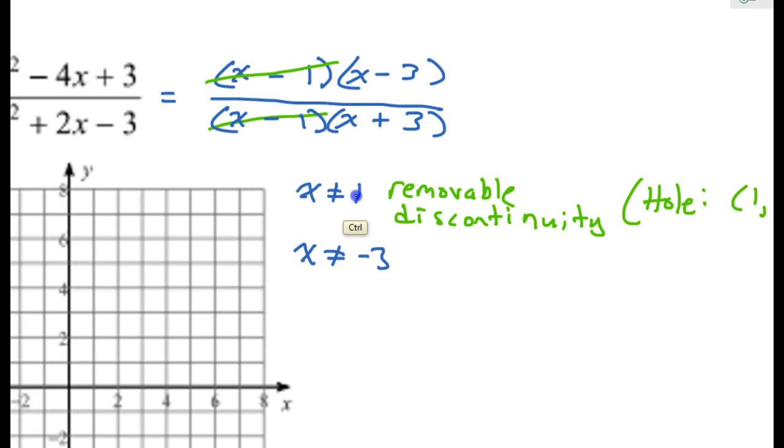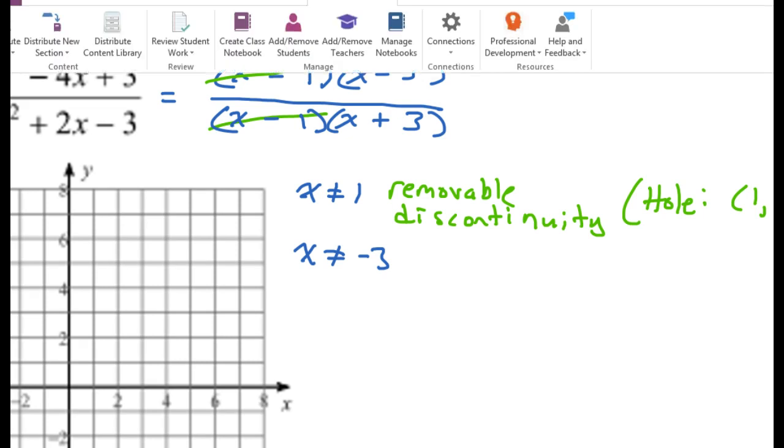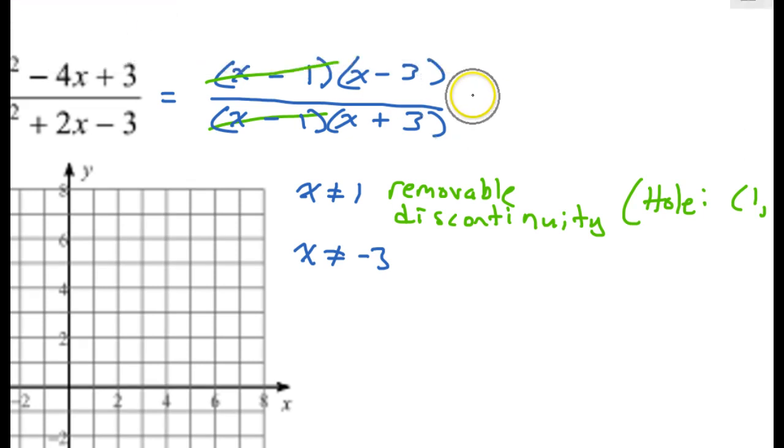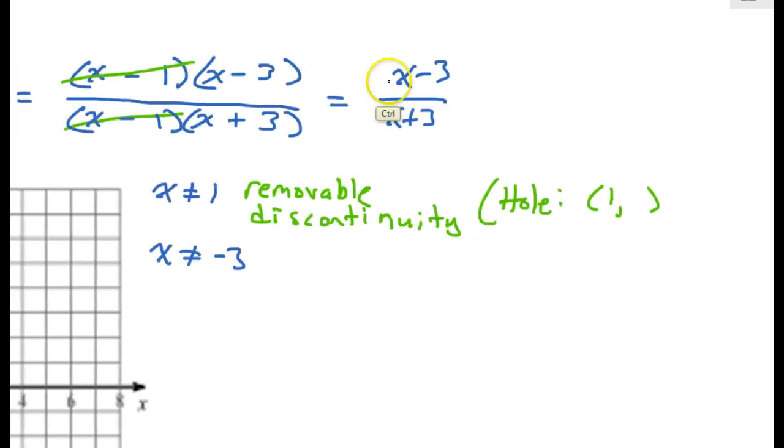Now, to figure out the y value of the hole, take the x value and plug it into the remaining portion of the function. So after I remove the discontinuity, the rest of the function is x minus 3 over x plus 3. So if I substitute 1 in for x, that would give me 1 minus 3 over 1 plus 4.